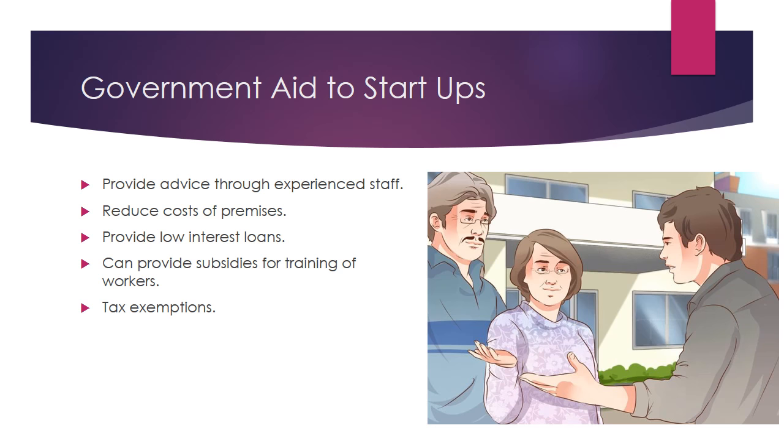So there are schemes where government finances education of workers or retraining workers in order for the workers to gain skill sets, new skill sets. And the last but not least is tax exemption. So if a government is looking to bolster a certain area or a certain industry, they could provide certain tax exemptions in order to influence that sector.